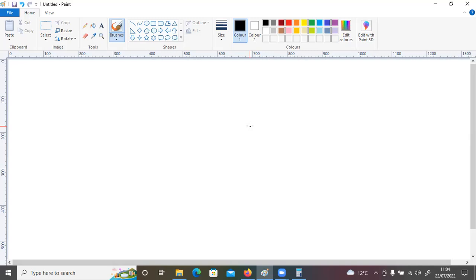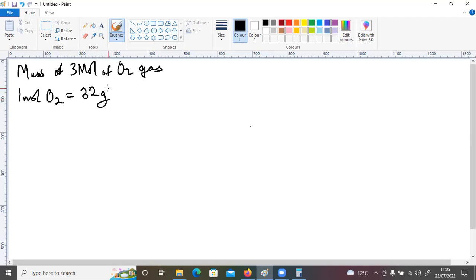Find the mass of 3 moles of oxygen gas. What is the mass of 3 moles of O2 gas? I know that 1 mole of oxygen gas is equal to 32 grams. How?